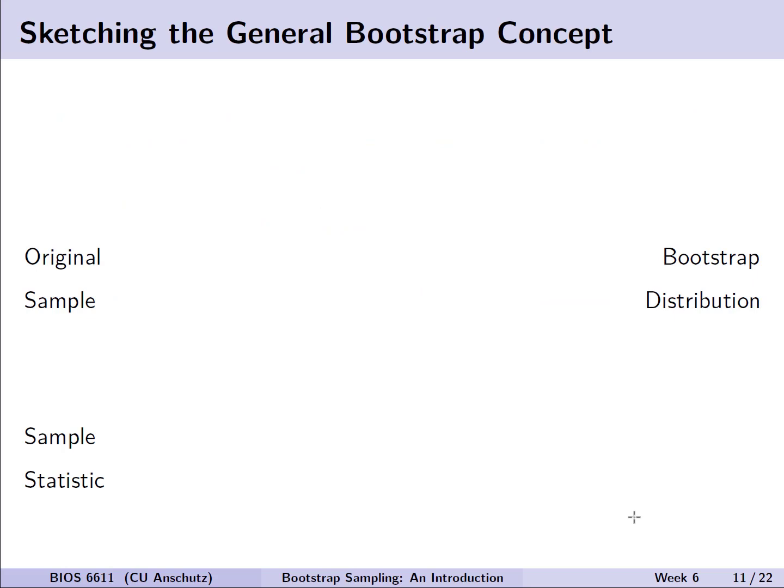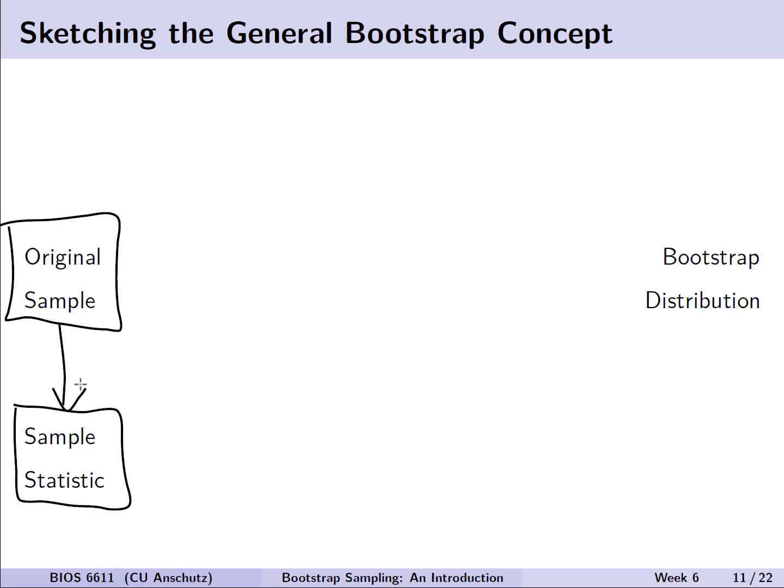So let's sketch out the general bootstrap concept, which I think is helpful to really connect the pieces together. On the left-hand side, we have first our original sample and a sample statistic. Primarily, this is what we focused on previously. We get a sample of data, we calculate some sample statistic from said data, and then we either do inference off of it or explain the variability based on descriptive statistics or other summaries from that one sample.